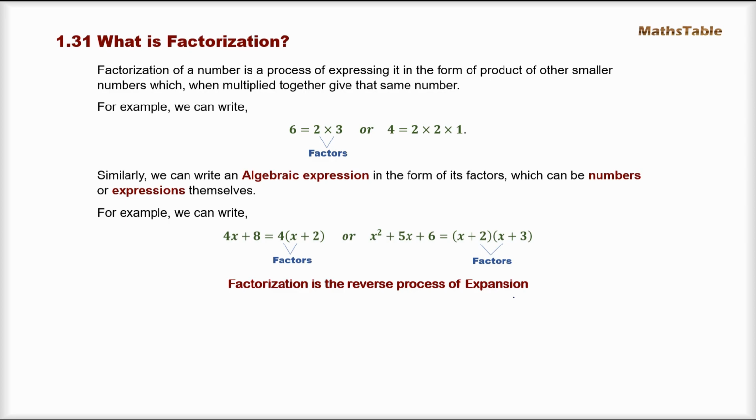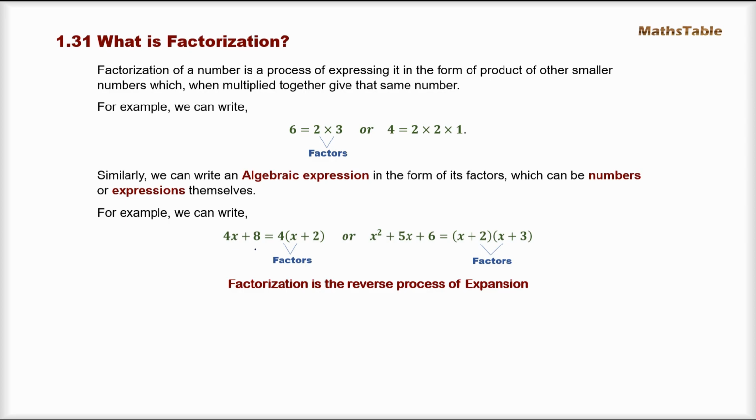Another thing to note here is that when we used to factorize numbers, all numbers were of the same type, like 4, 6, 10, 12, etc. But in the case of expressions, the expressions can be of totally different kinds.